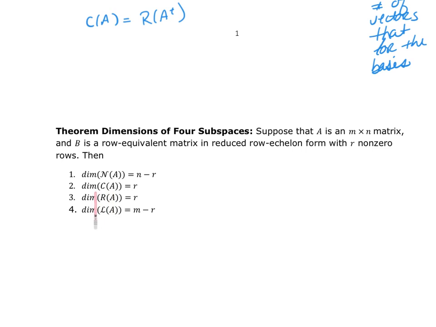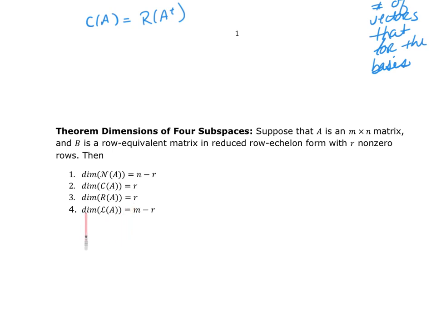The dimension of my column space must be equal to r, that is the number of pivots. The dimension of my row space has to also equal r, that is the number of pivots.